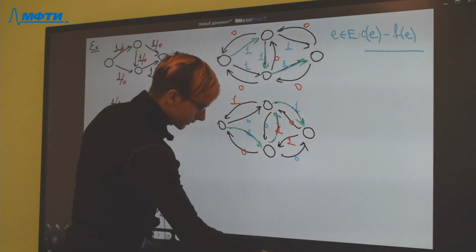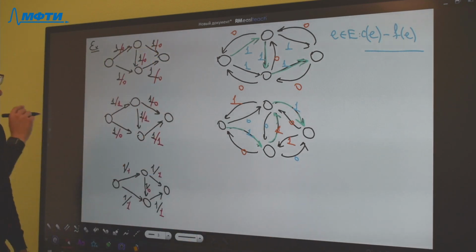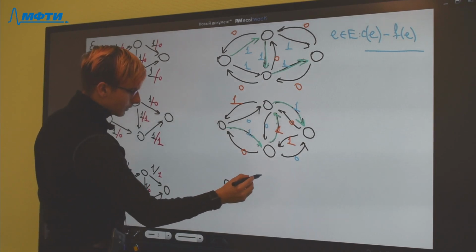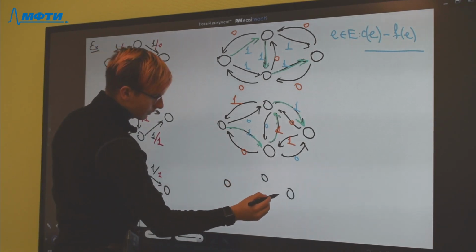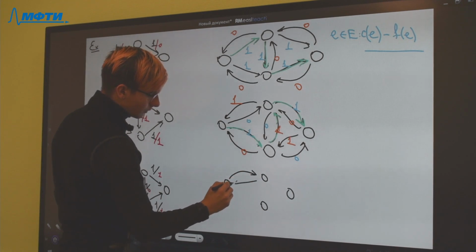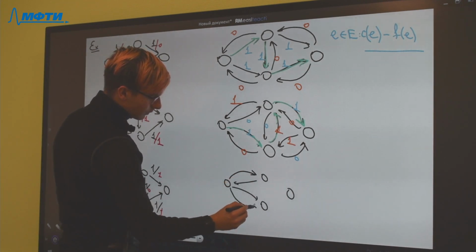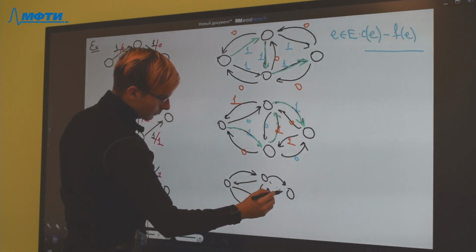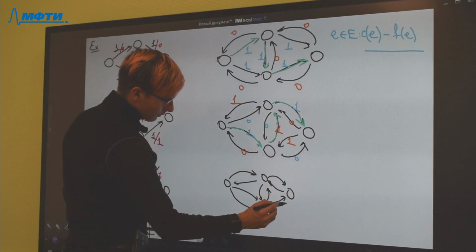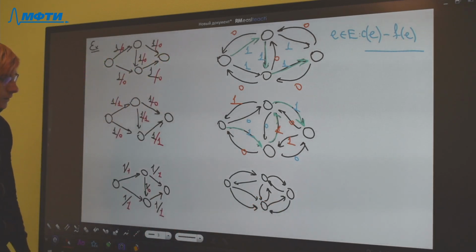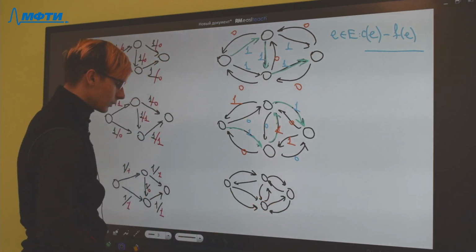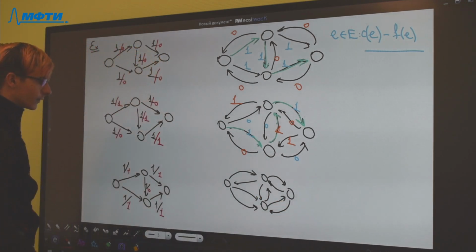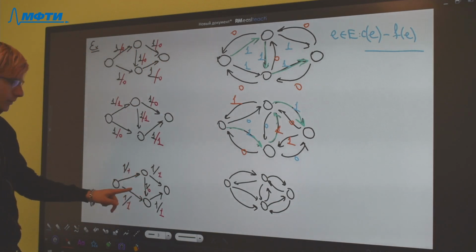And if we try to draw the residual network and write all the capacities, for example, 0, 0, 0, 0, 1.